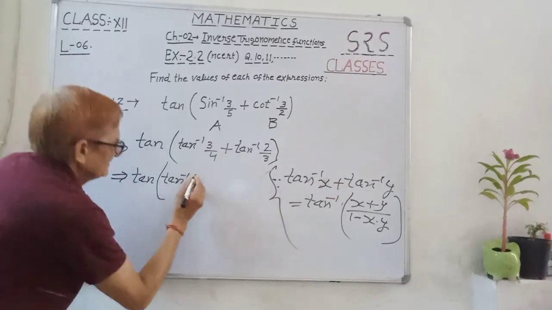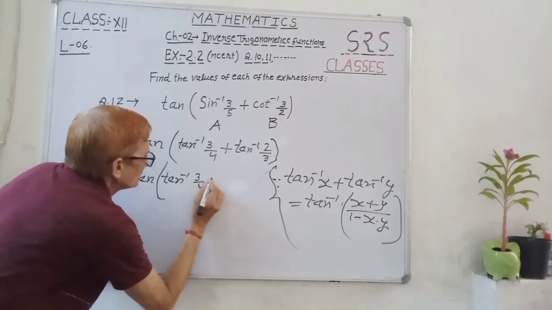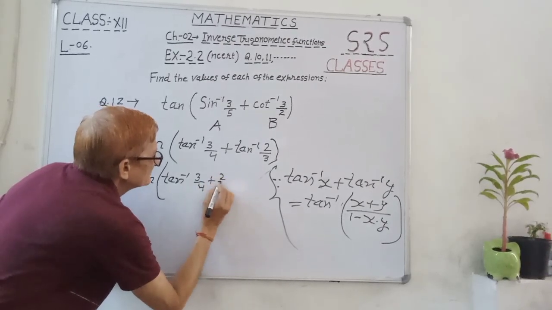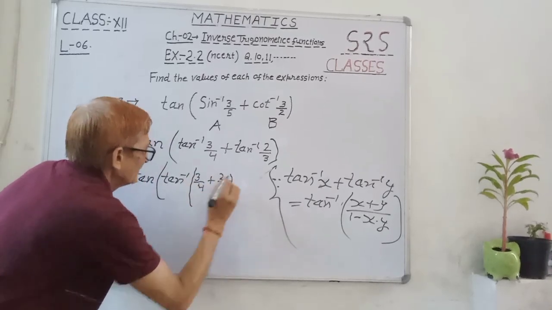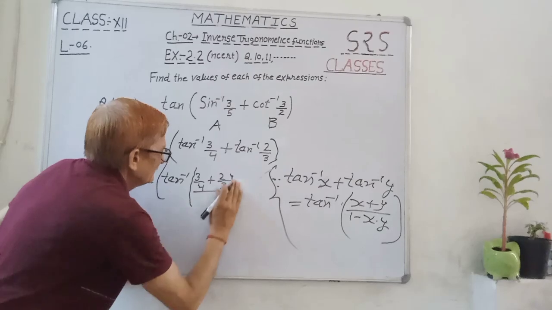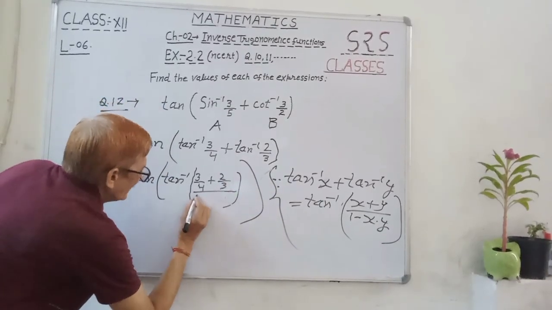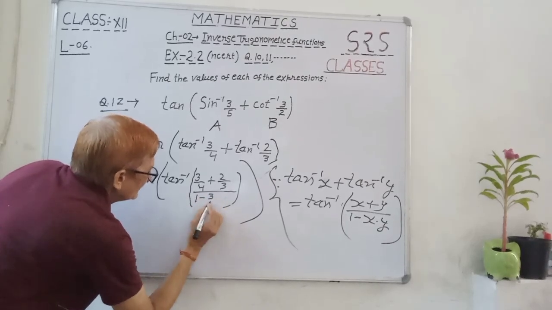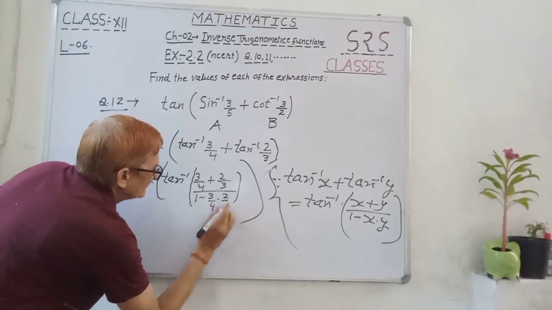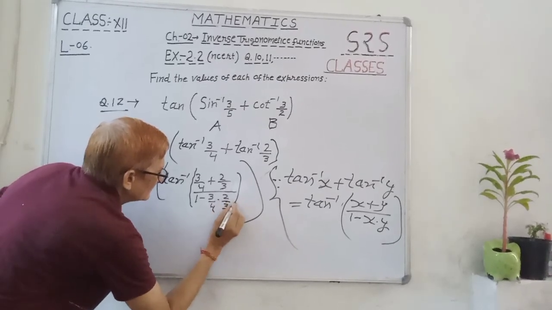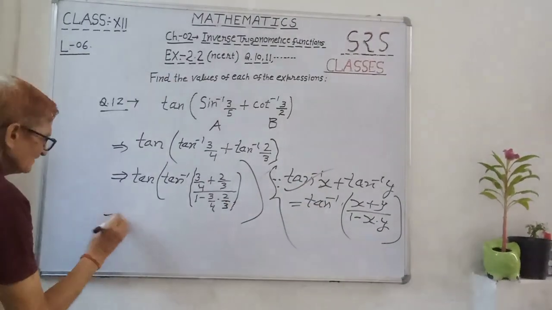So x plus y means 3 by 4 plus 2 by 3, upon 1 minus 3 by 4 into 2 by 3. Use this formula and write it.